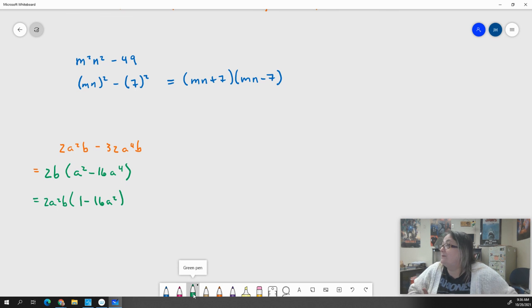What is 1? 1 times 1, right? 1 cubed, 1 times 1 times 1. 1 to the fourth, 1 times 1 times 1 times 1. So here we've pulled out our greatest common factor. So we would have 2a squared b, and then I would have 1 plus 4a times 1 minus 4a.